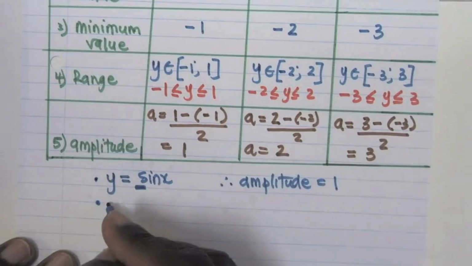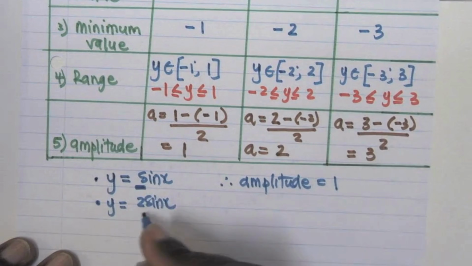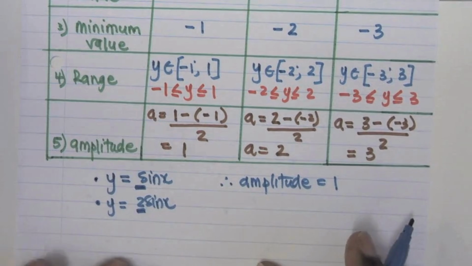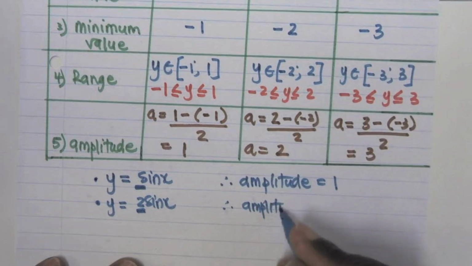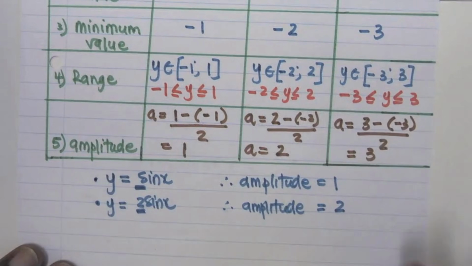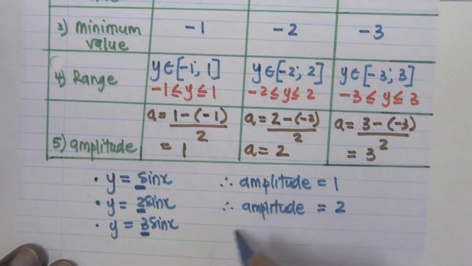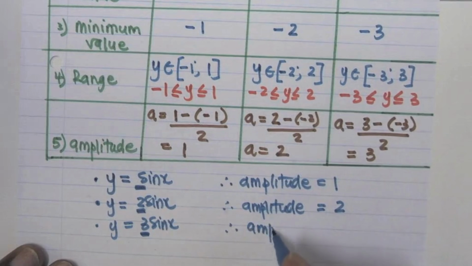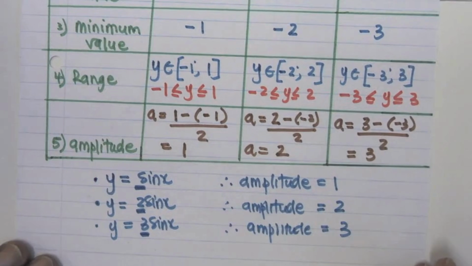If I go to the second one, y is equal to 2 sine x, I can also see that the coefficient is 2, and I can conclude that the amplitude is equal to a positive 2. The last one, y is equal to 3 sine x. The coefficient is 3, therefore the amplitude is equal to positive 3.